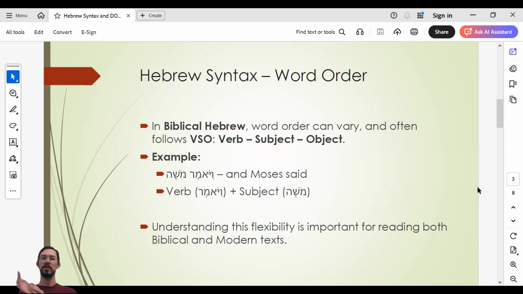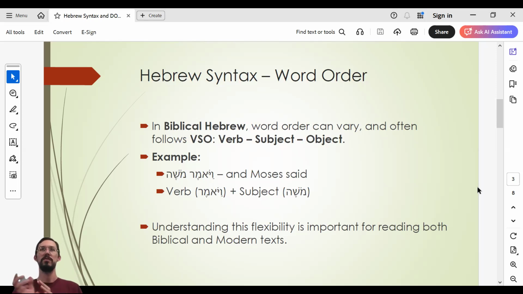So in biblical Hebrew, just like I said, sometimes it's reversed. A classic example, you'll find it a lot in the pages of your Bibles: Vayomer Moshe, and Moses said. This is how we would translate.